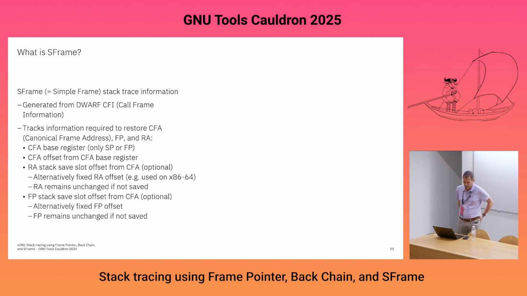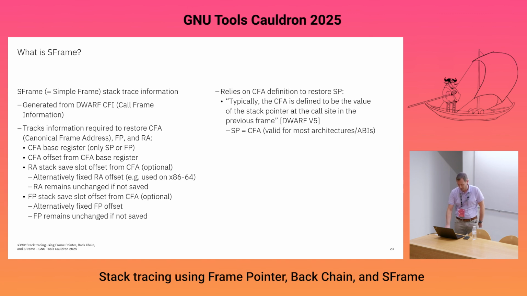Likewise, it can optionally track the frame pointer stack save slot offset. There is also this alternative fixed offset, which I believe is not used right now on any architecture. And for both the return address and frame pointer stack save slot tracking, if there is no information, then the return address or frame pointer remain unchanged, which we'll see soon in the pseudocode.